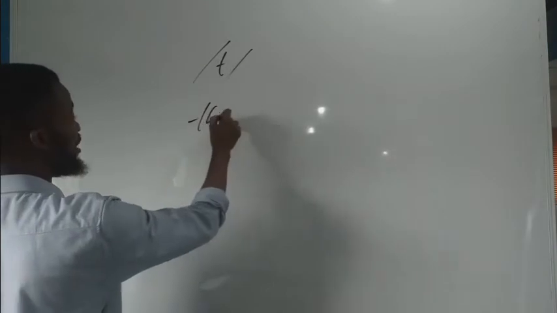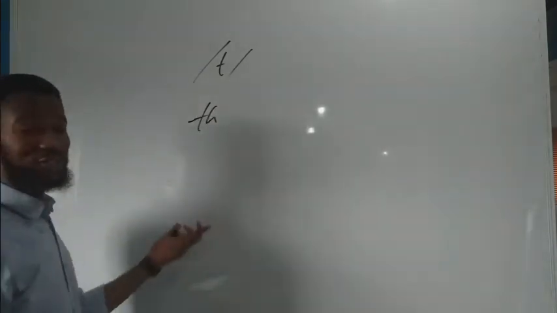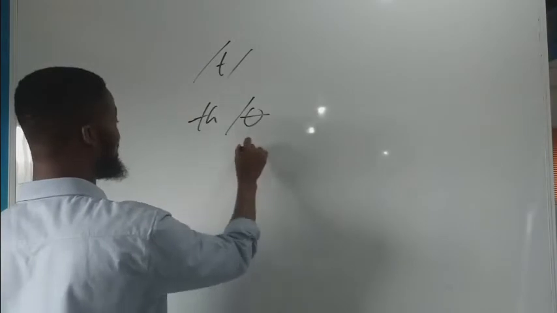Other consonant sounds like that are T and D. We're going to be looking at T first. T, the sound is pronounced as T. Sometimes when you have TH start the word, the sound changes, it turns to these, and other times it turns to these.